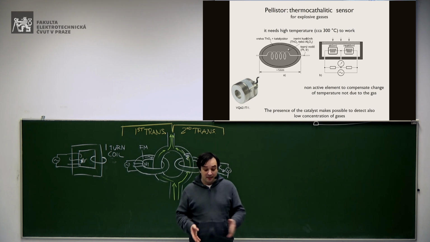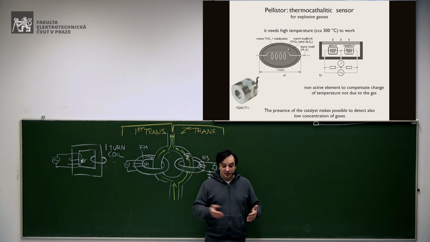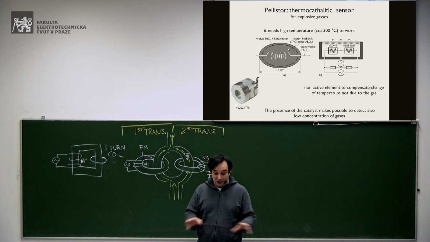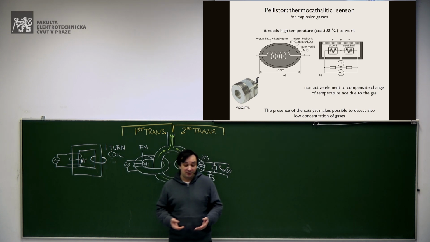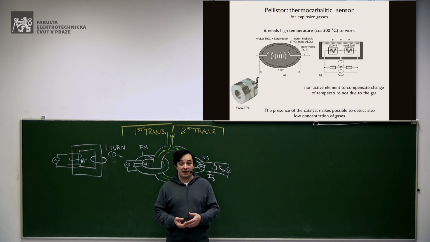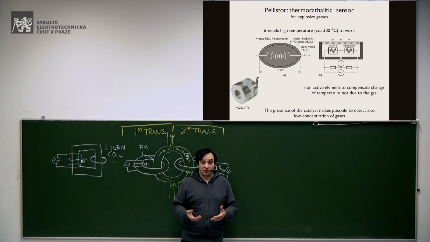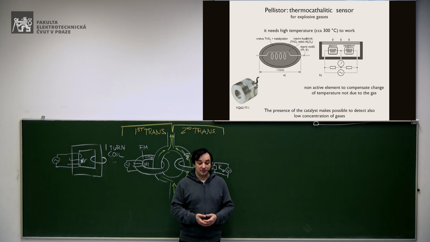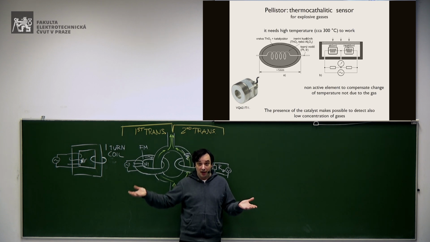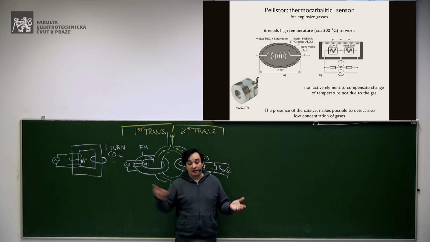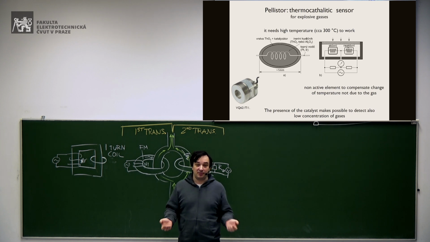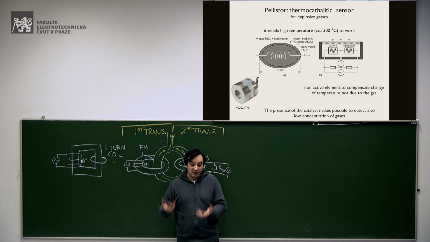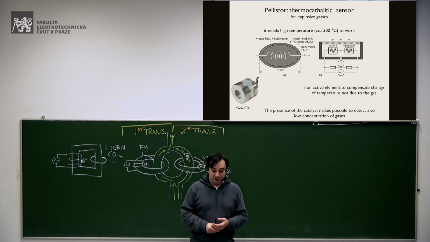Then you have them in the bridge, and if you have a change of resistance of both filaments, the one exposed to gases and the other not, then it means that it's not a change of resistance given by the temperature change caused by the gases, because it happens on both of them, also to the one which is not exposed to the gases. Being on two different sides of the bridge, they compensate each other, so you don't see the change at the output of the bridge.